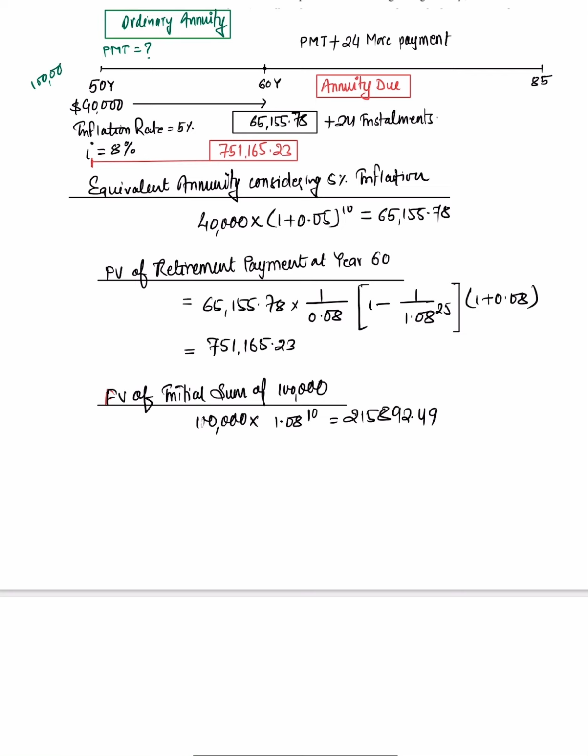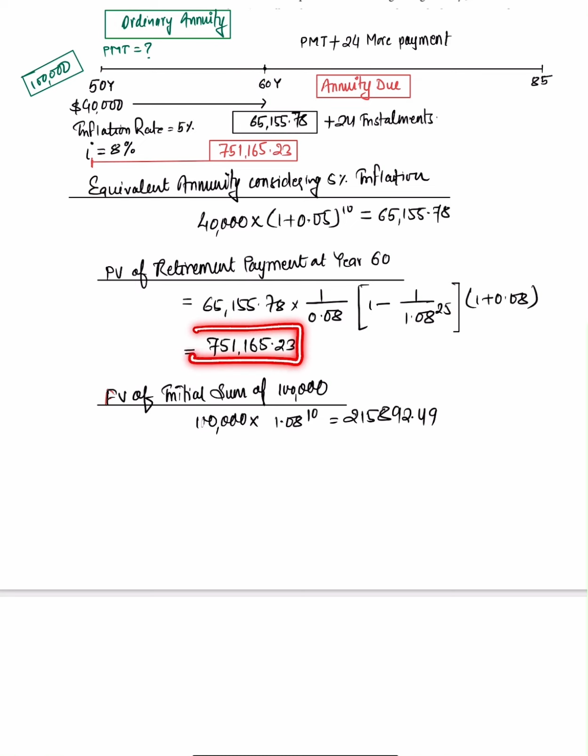So this 100,000 which you have at the beginning, with the 8% interest rate, turns out to be 215,892 towards the end of year 10.